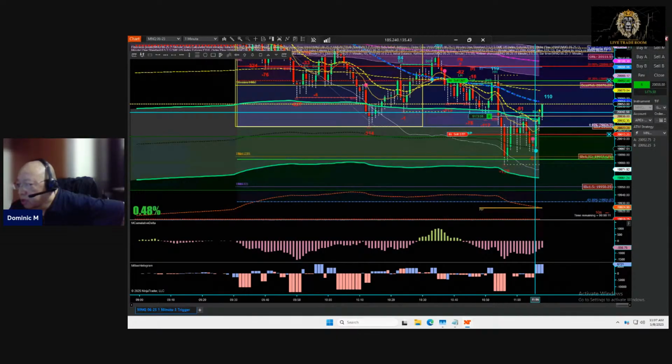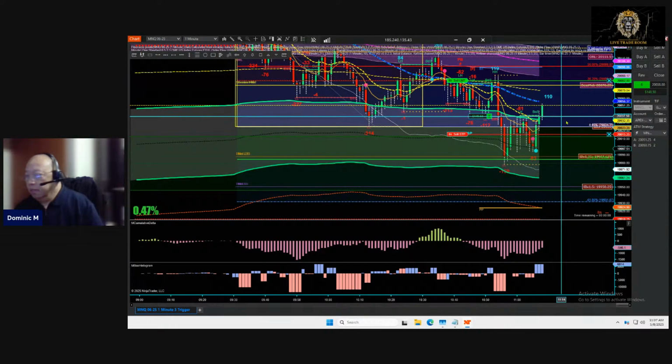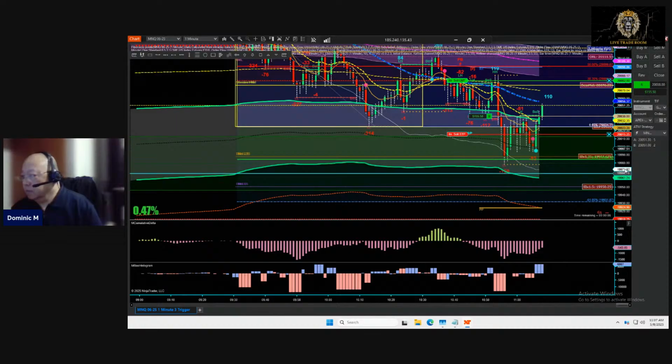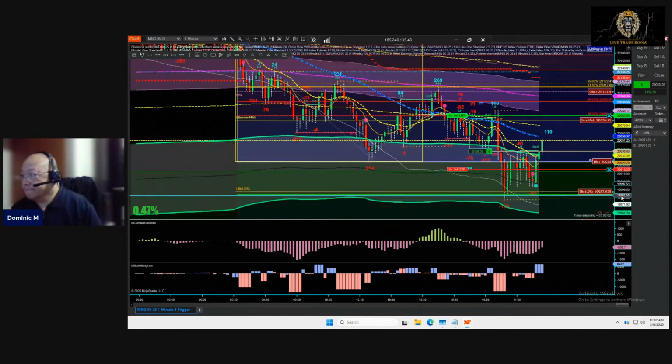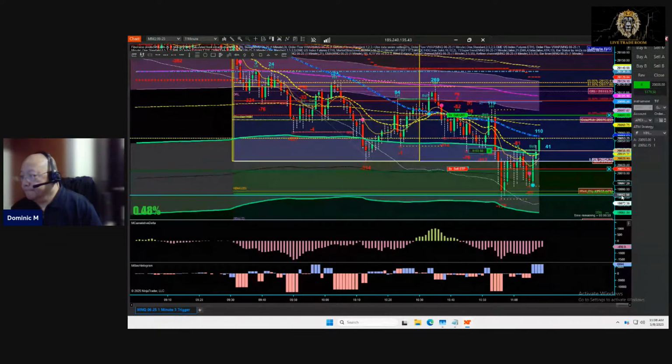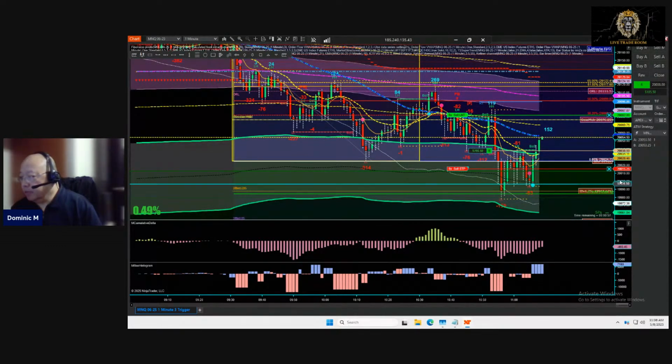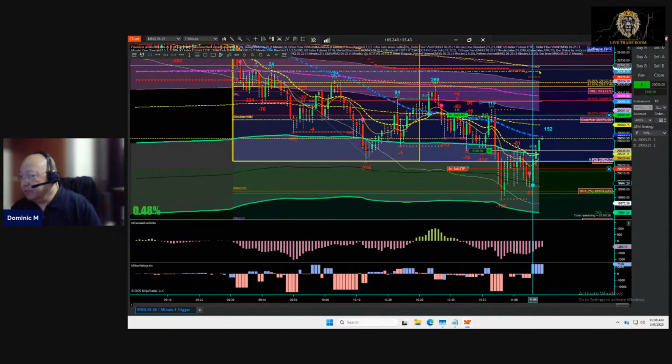When we see this bar close above the mid band. Not quite. So we have the upper band up here. They may try to get up there, but I think it's going to get up to, at the most, probably right here.